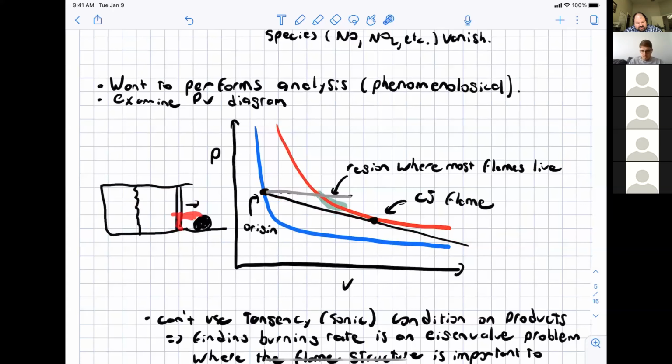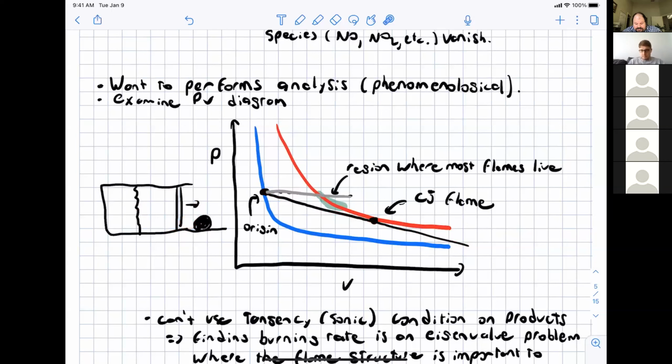And in the reflected shock region, you will substantially raise the temperature, and you can actually induce auto ignition via a Semenov type criterion of the gas here before the flame gets to there. And so for reasons like that, these Chapman-Jouguet flames are very unstable. They don't live very long.